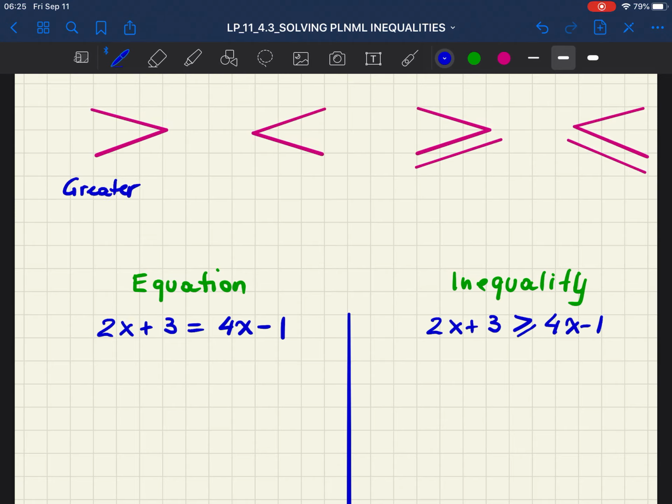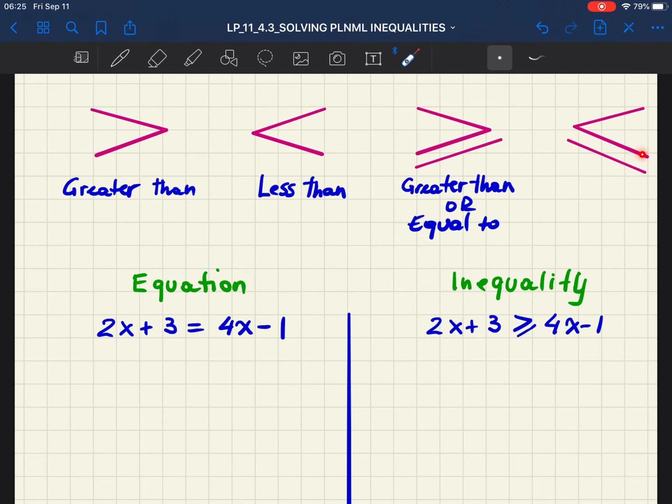The next one means less than. Next we have greater than or equal to. And last but not least, we have less than or equal to.